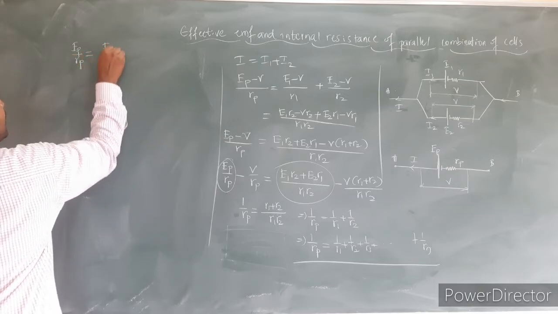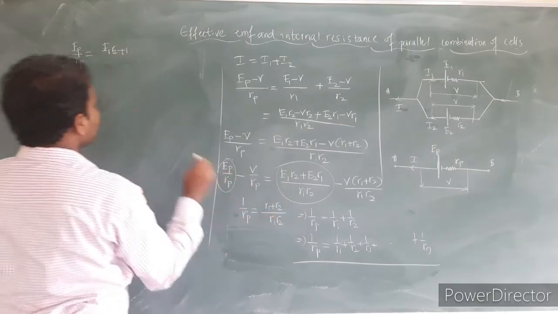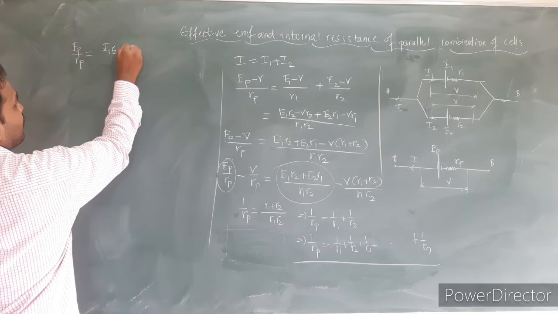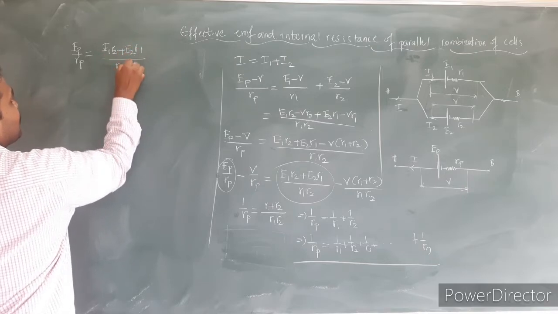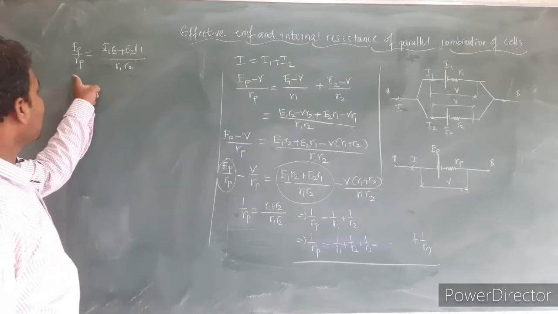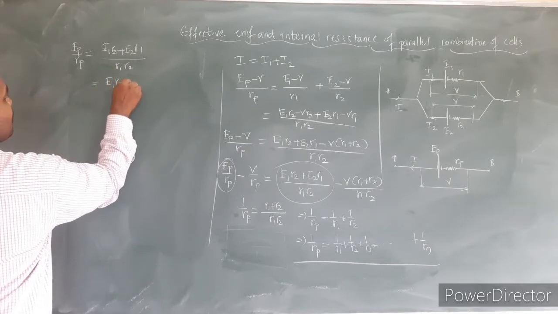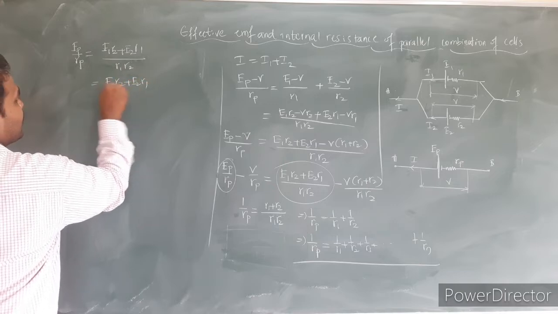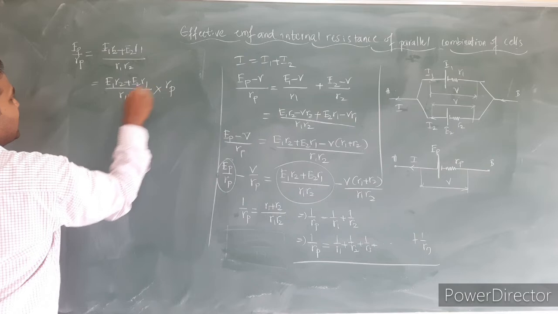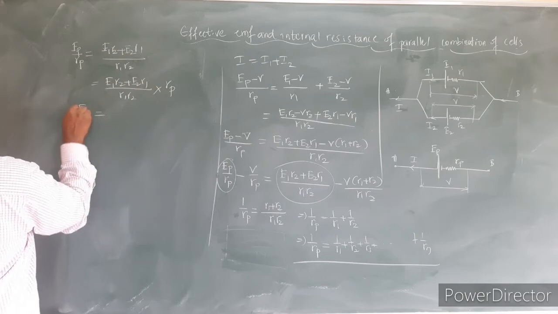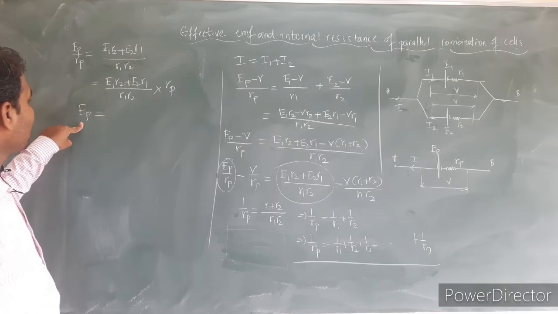E1 R2 plus E2 R1 whole divided by R1 into R2. This Rp I will take it to the right side. I can write this as E1 R2 plus E2 R1 whole divided by R1 R2 into Rp. So, LHS remains as EP here, that is the effective EMF of a parallel combination.